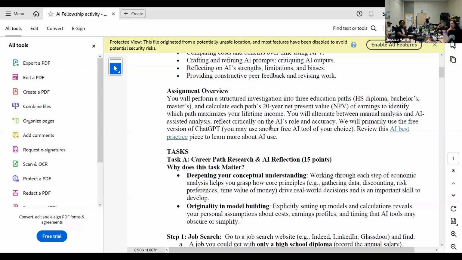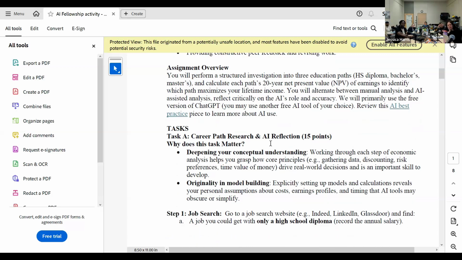You will primarily use the free version of ChatGPT, to allow for inclusivity, since not everyone can afford the paid version. And then I added that you should review the AI best practice piece to learn more about AI use, which is on the SUNY Oswego website.